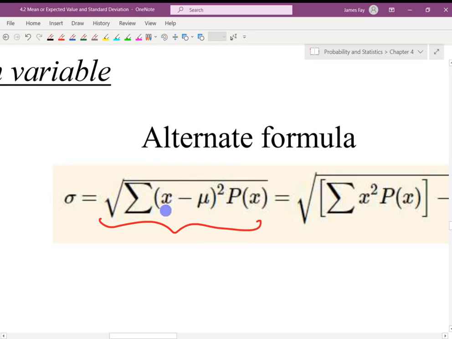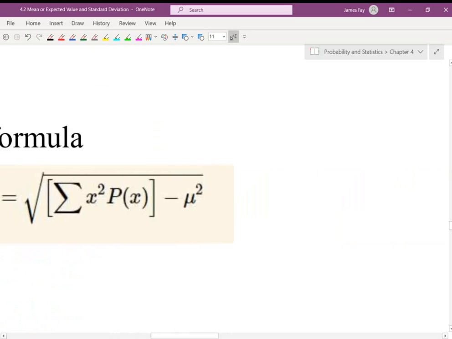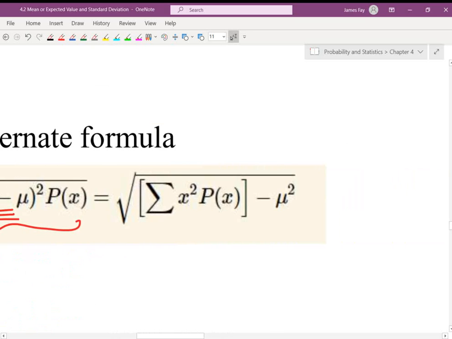But that requires me, if I've got a variable that has x is 0, x is 1, x is 2, x is 3, my discrete variable takes on those four values, then I have to do 4 deviations. I have to do 4 situations in which I subtract. Does that make sense? Okay. If I use this formula, how many times do I have to subtract?